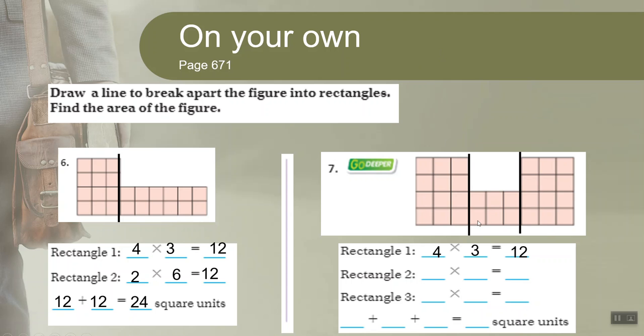For rectangle number 2, we have 2 times 3 equals 6. And for rectangle number 3, we have 4 times 3 equals 12. Then to find the area of this figure, we need to add the areas of the 3 rectangles. So 12 plus 6 plus 12 is equal to 30 square units.